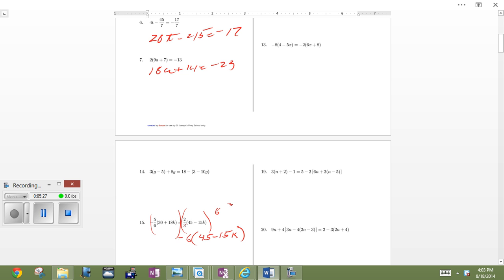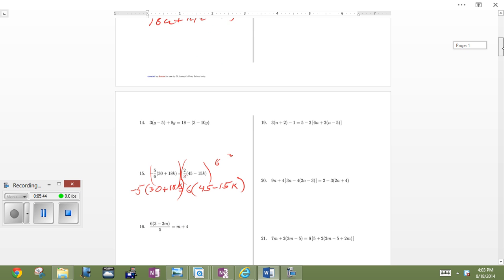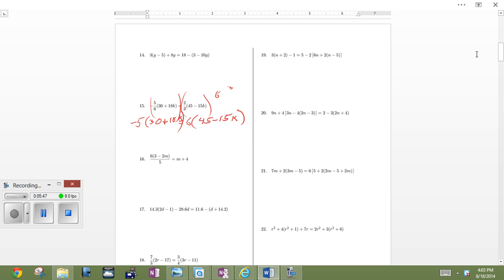And over here, multiplying by the 6 will just clear out the denominator and give me negative 5 times 30 plus 18k. And of course from there I'm just going to distribute and collect my like terms and solve for the variable.